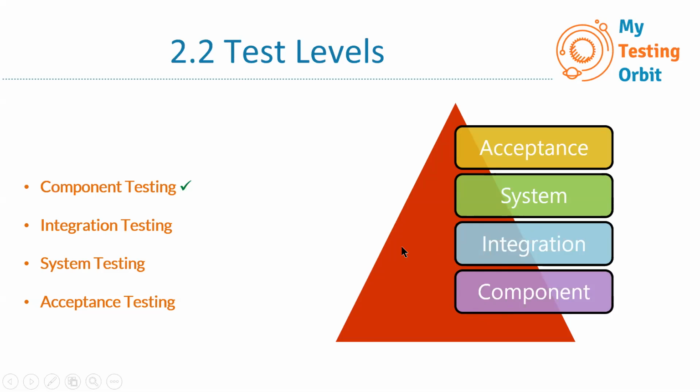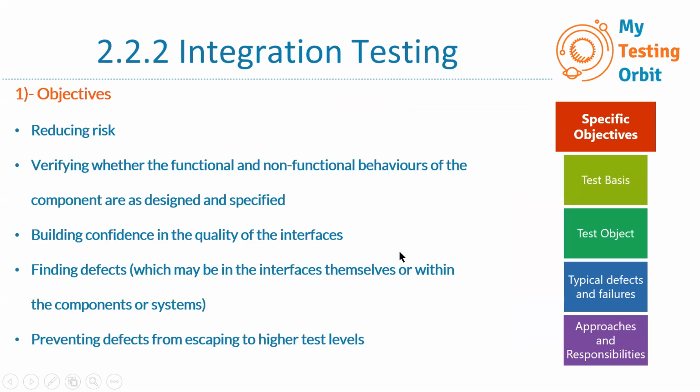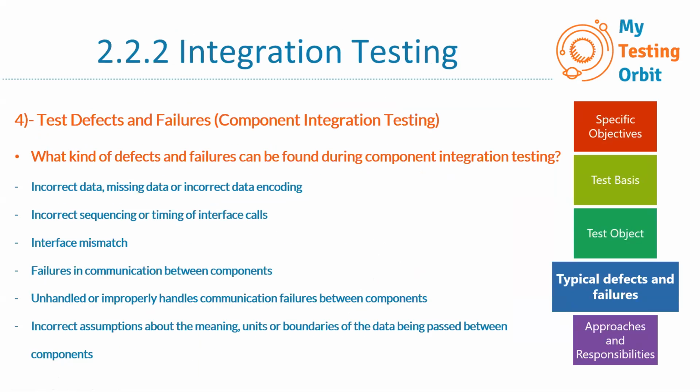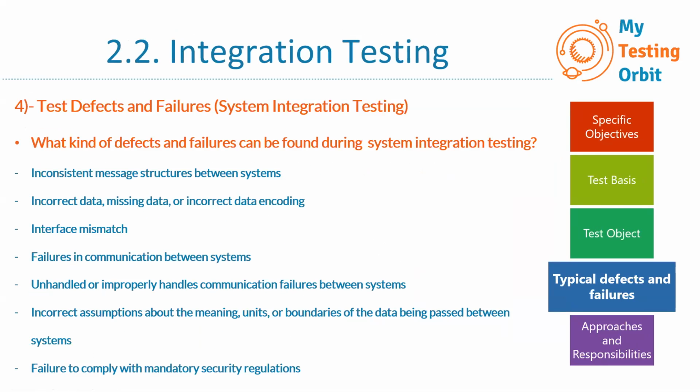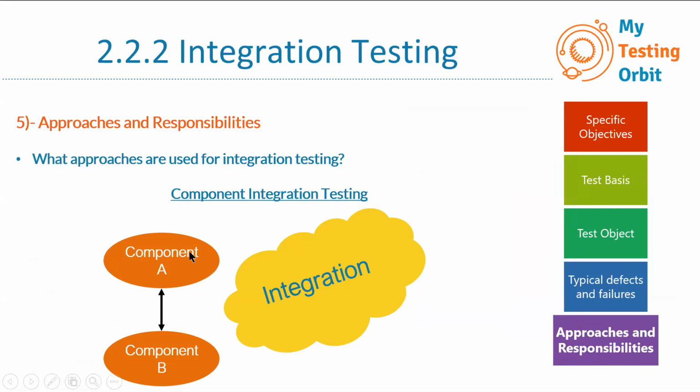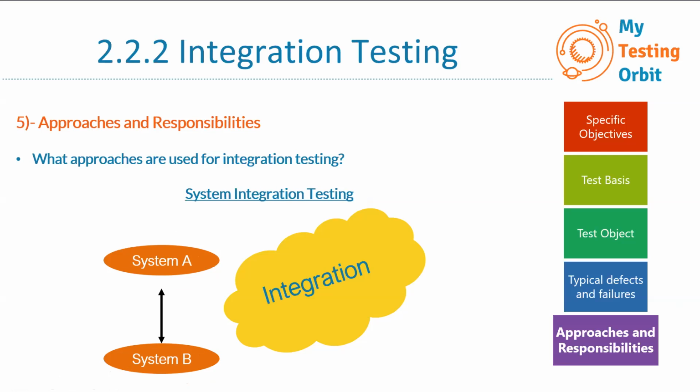So it's always a good practice that we cover functionality testing during component testing, and then integration testing only focuses on the integration of the components. The same applies to system integration testing as well. If there are two systems, system A and system B, then we are only focusing on the integration of those systems during system integration testing.